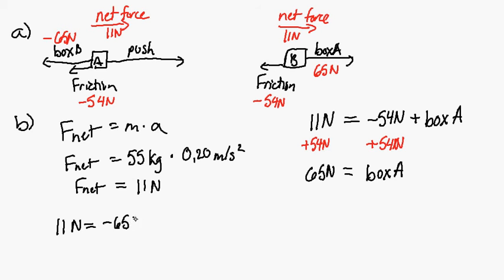Combining stuff together, we'll see that now 11 newtons must be equal to what we have when we add together those negative values, which comes out to negative 119 newtons, plus our push force.